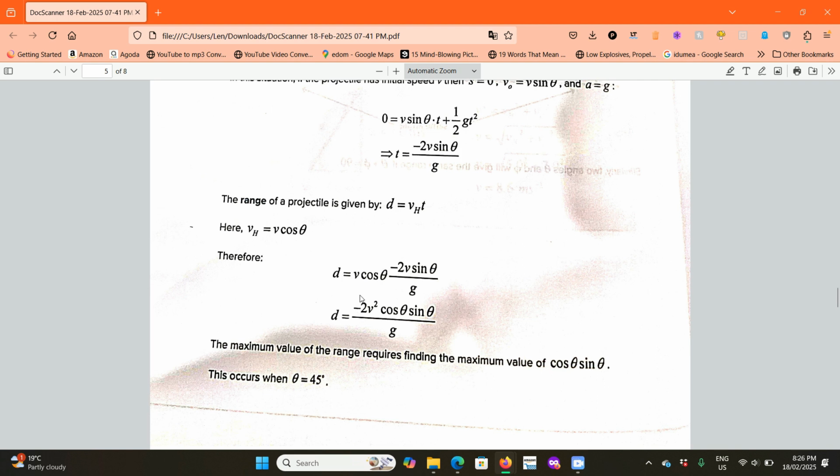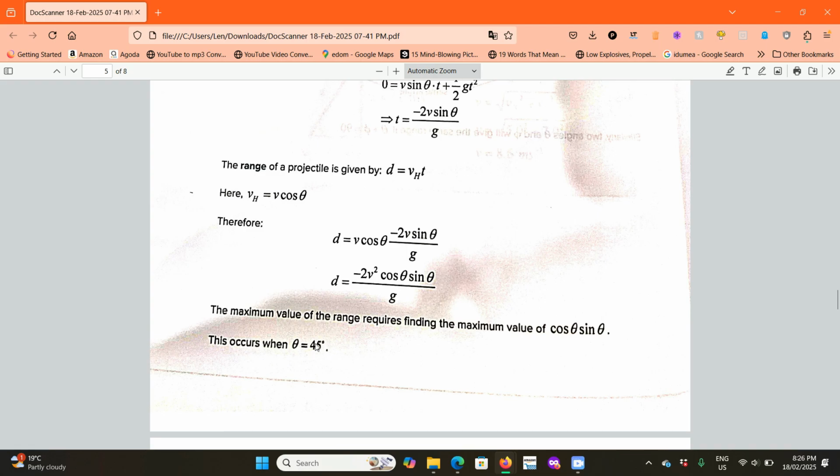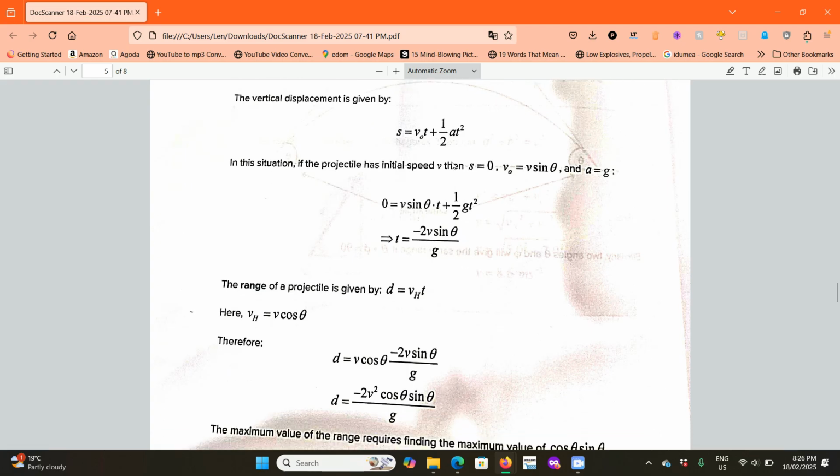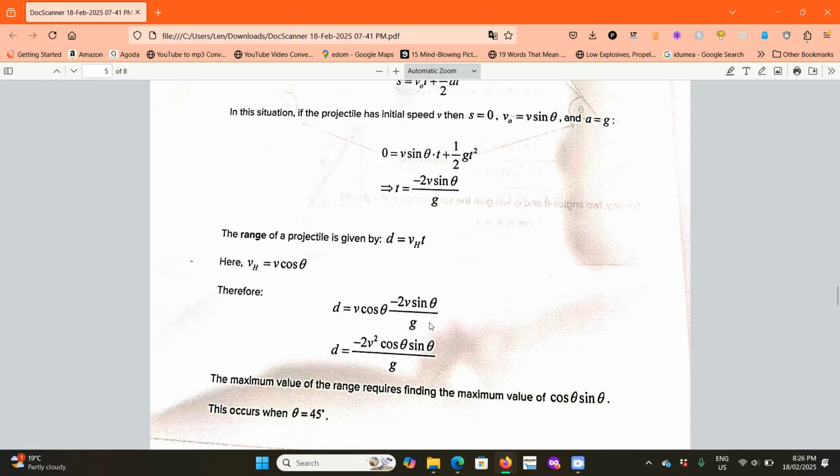Okay, so range is equal to negative 2v squared cos theta sine theta over g. Okay, so the maximum value of range requires finding the maximum value of cos theta times sine theta. This occurs when theta equals 45. Okay, you should be able to do this. Proof, it has been asked in exams before. It may be asked in year 1. This is something you need to know how to do.